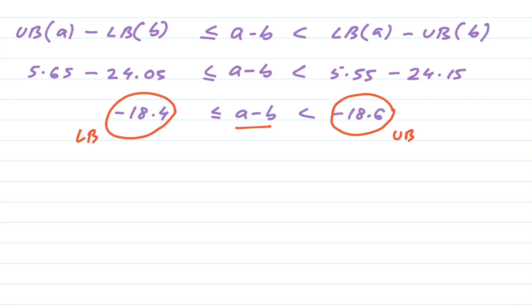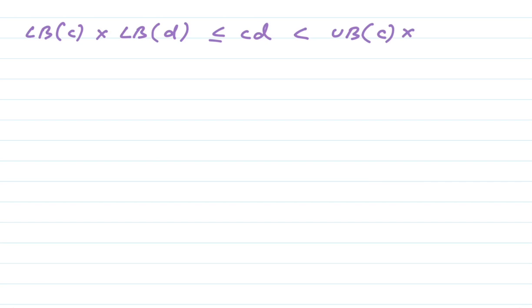Moving forward with the third question, we are now looking for the lower and the upper bound of C times D. The lower bound of C times D would be the lower bound of C times the lower bound of D, and the upper bound of C times D would be the upper bound of C times the upper bound of D. Lower bound of C is 144.5 times the lower bound of D, which is 0.335.